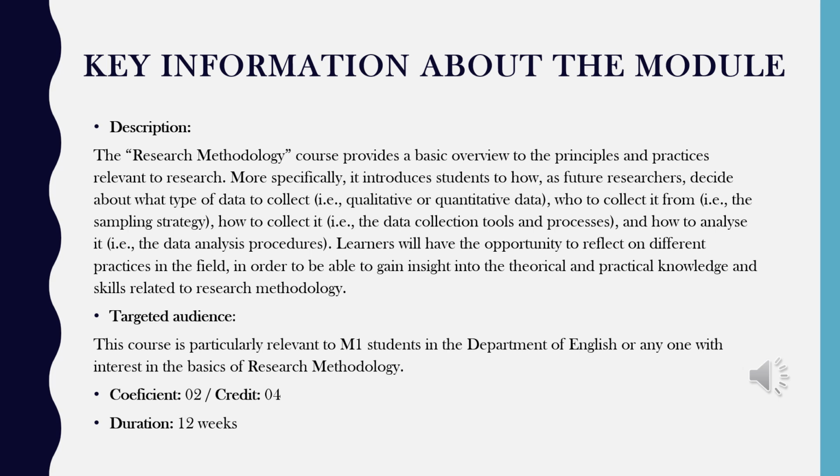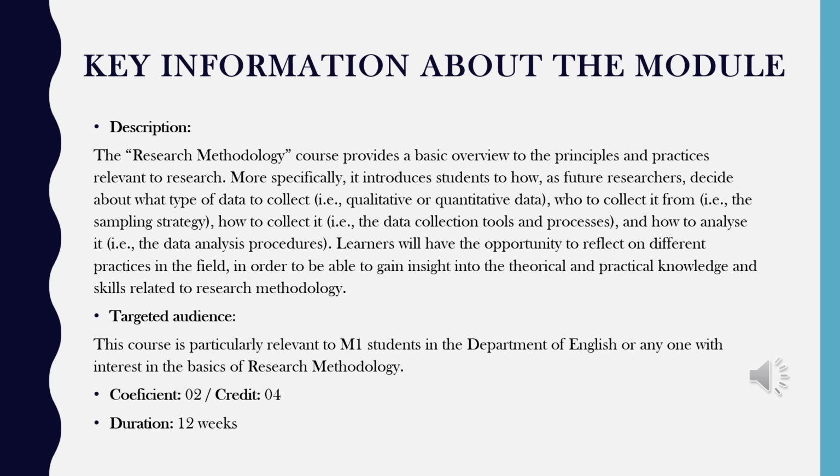Learners undertaking this course will have the opportunity to reflect on different practices in the field of research methodology in order to gain insights not only into the theoretical but also the practical knowledge and skills related to conducting research.